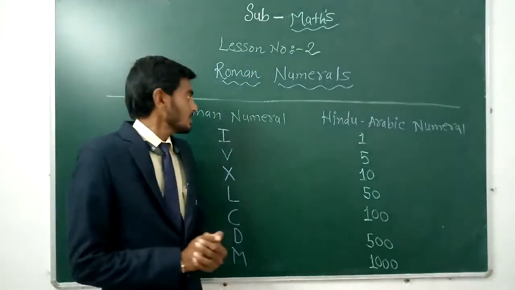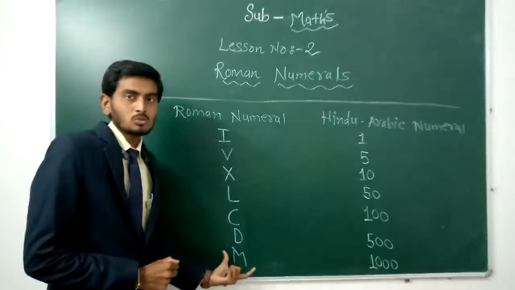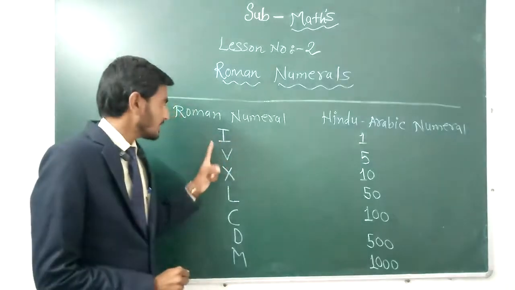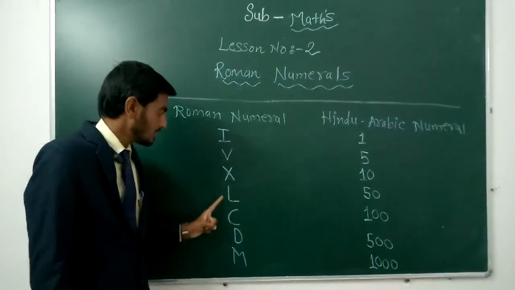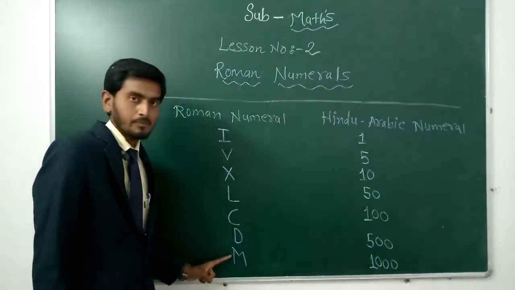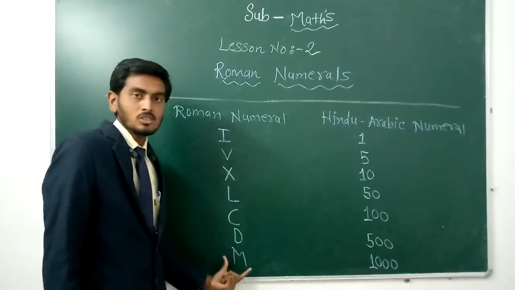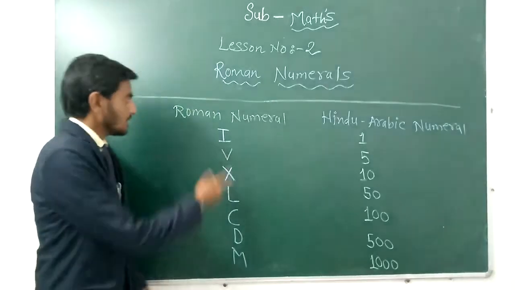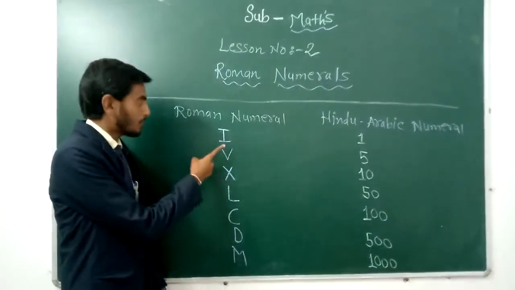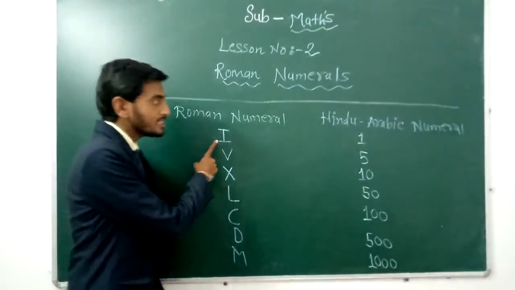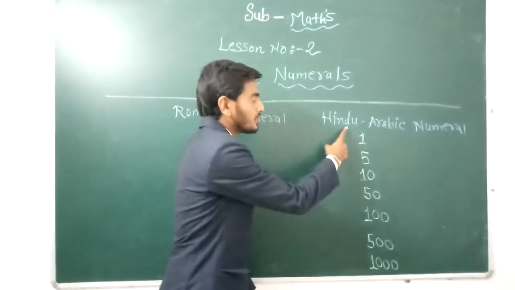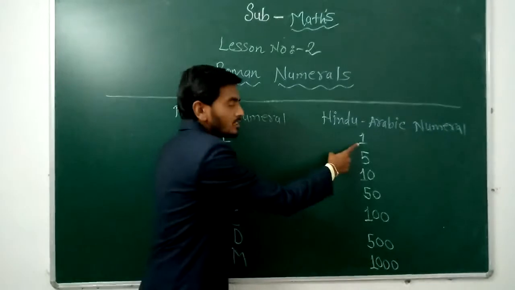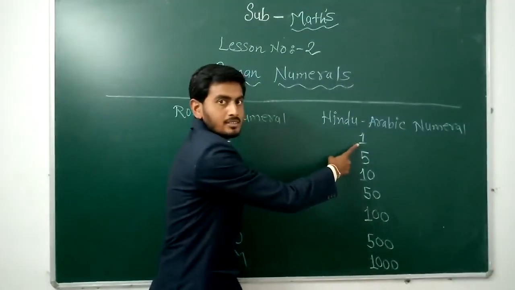From English, 7 letters are used for Roman numbers. Which letters? I, V, X, L, C, D, M. These 7 letters are used to form Roman numbers. Let us see the letter I. Capital I represents the Hindu-Arabic number 1.